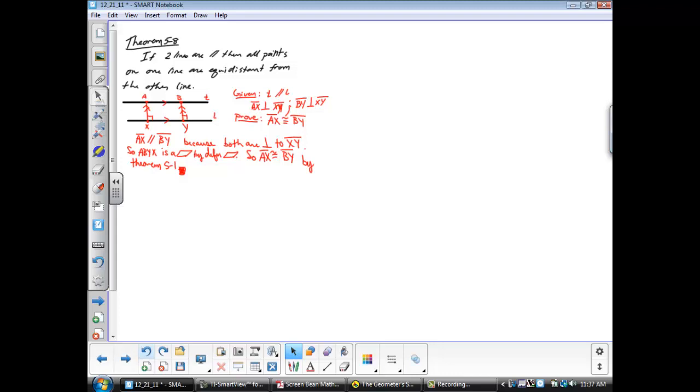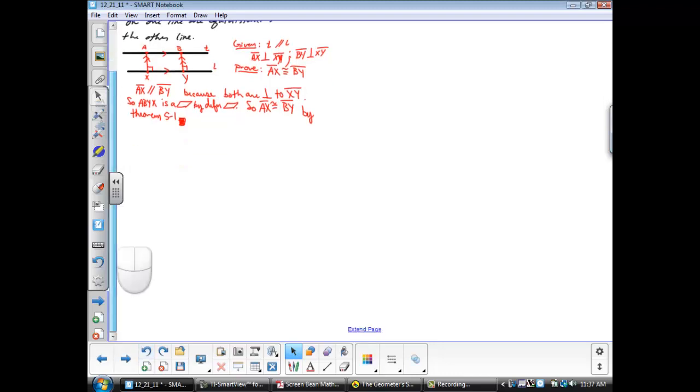Theorem 5.9 now. If we have three parallel lines that cut off congruent segments in one transversal, then they will cut off congruent segments in every transversal.